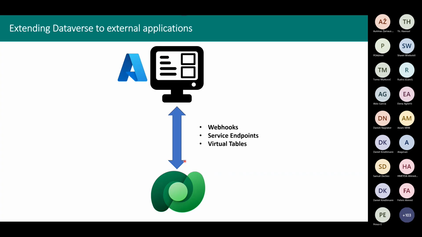I'm not considering a pure plugin here, simply because plugins are a standard way to add logic in Dataverse, but plugins sometimes do not permit us to create a performant connection with the outside. So I want to focus the attention on how we can extend the standard functionalities of Dataverse with some cloud services. These cloud services can be used by using webhooks and service endpoints. And I will also talk a bit about virtual tables, in terms of how we can expose external entities as virtual tables.